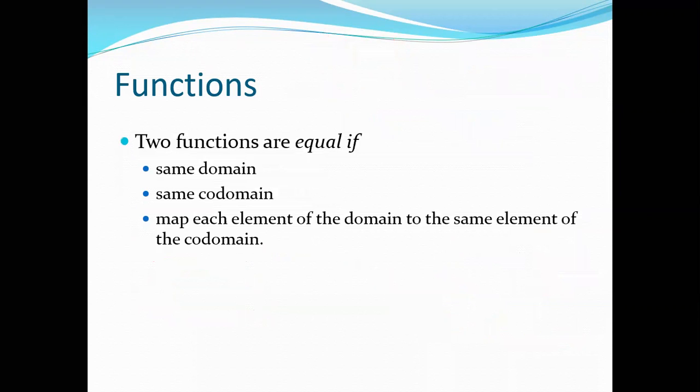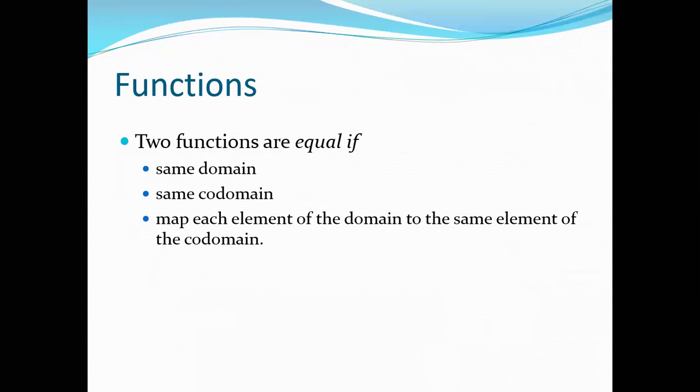Okay, continuing on. Two functions are equal if they have the same domain, and of course they have the same codomain, and each element of the domain is mapped, by the way, you often say map to talk about moving from an input to an output. I remember I had a professor that started using that word just out of the blue, and I was like, what is he talking about, right? Map? That means something else in my mind.